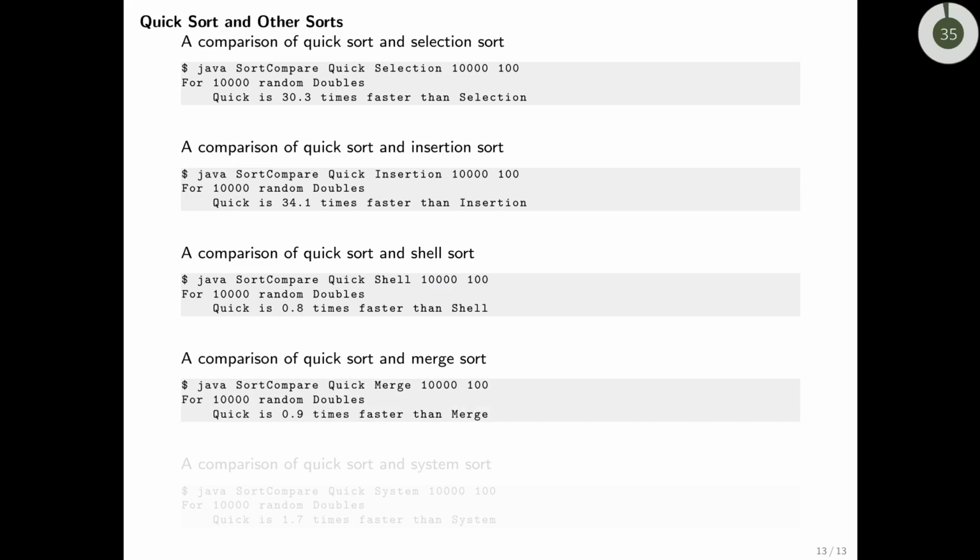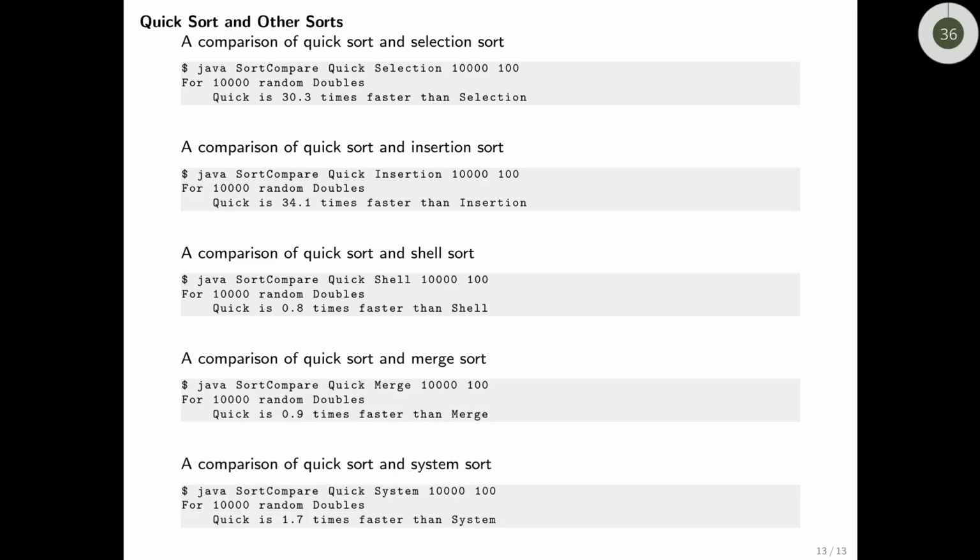What about quick and merge? The same thing. They are both quite comparable, and that makes sense because both are linearithmic algorithms. And finally, here's a comparison of quicksort and the system sort of Java. This output suggests that quicksort is somewhat faster than the system sort. But this number is fairly low, so we don't really want to make any big conclusions from it.